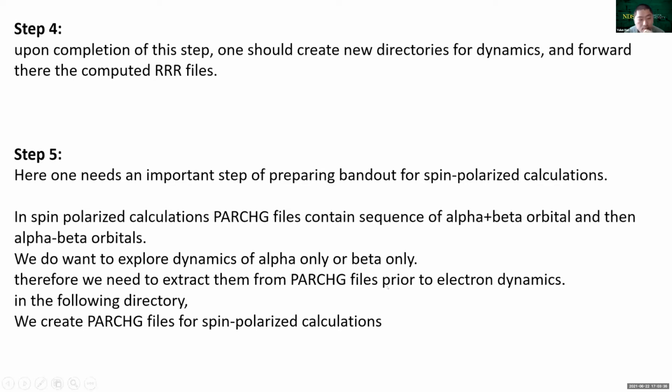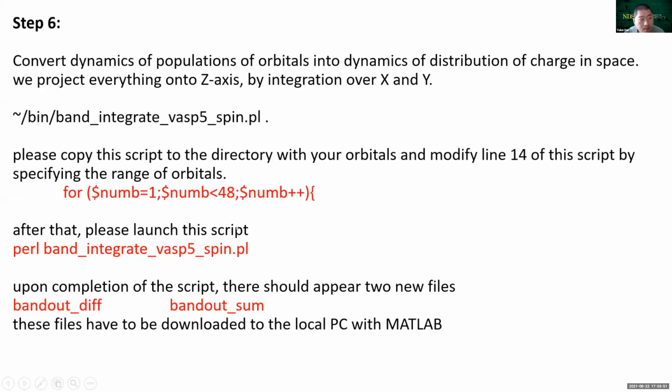So to create the band-out file, we just run wasp to get the partial charge files. And then after we have the partial charge files, we can run this script.